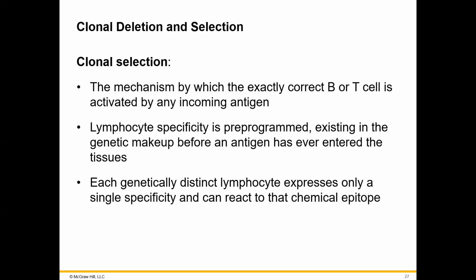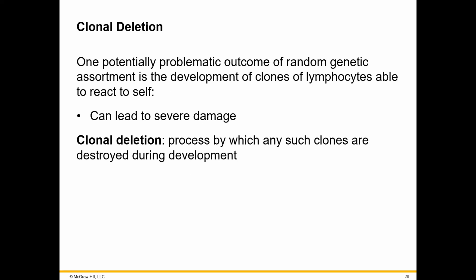So two important features of clonal selection are that lymphocyte specificity is pre-programmed. It exists in the genetic makeup before an antigen has ever entered the tissues. And each genetically distinct lymphocyte expresses only a single specificity and can react only to that chemical epitope.